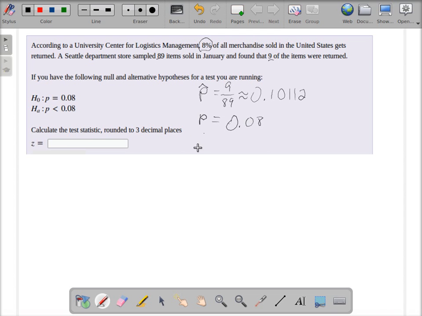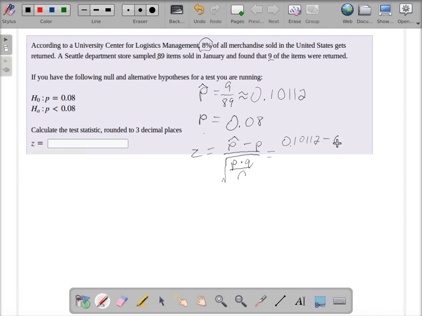Now the last thing to do is throw this all into our test statistic equation. So that is p hat, or the 0.10112, minus our p, all divided by, under a square root, you'll have p times q all over n. So of course we said p hat is going to be 0.10112.